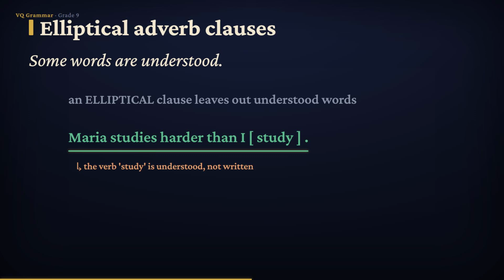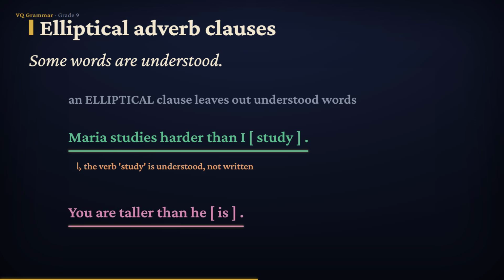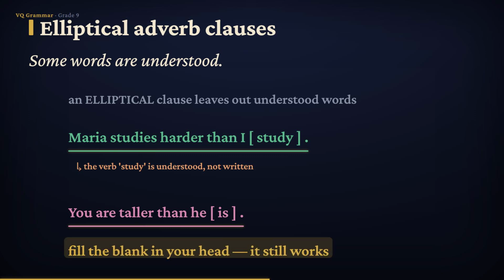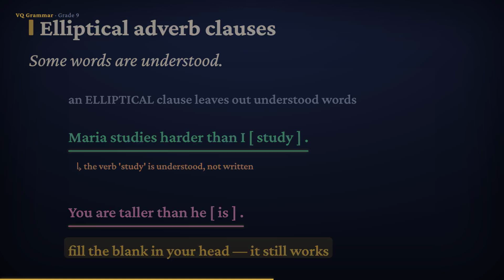The verb study is understood, even though we don't write it out. Same thing here. You are taller than he, and your ear finishes it, than he is. The words are gone from the page, but the meaning stays whole. If you can fill the blank in your head and the sentence still works, you've found an elliptical clause.